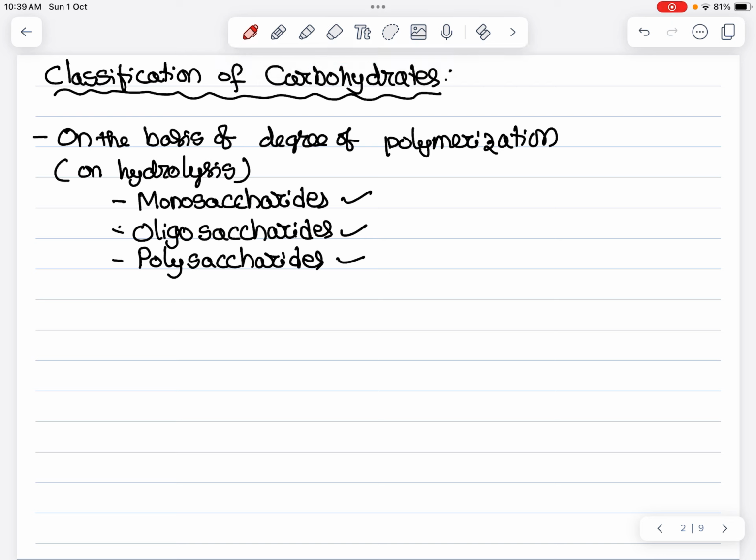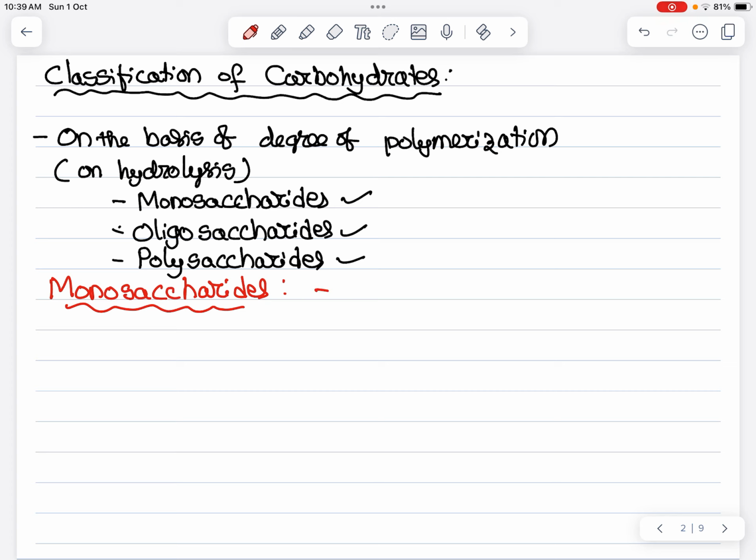First, we will discuss monosaccharides. Monosaccharides are the simplest carbohydrates and cannot be hydrolyzed into other smaller carbohydrates.